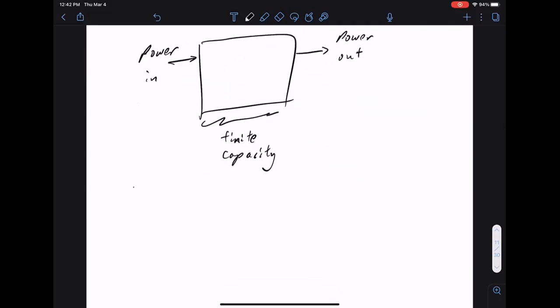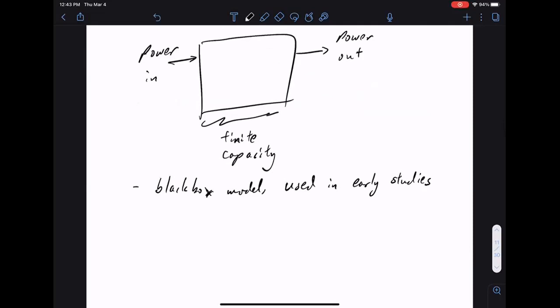A lot of early studies were done with this kind of black box model for storage. As you look at your battery, you say, okay, this is how many megawatt hours you can store, so you can plan things with the battery. This is the black box model, used in early studies.